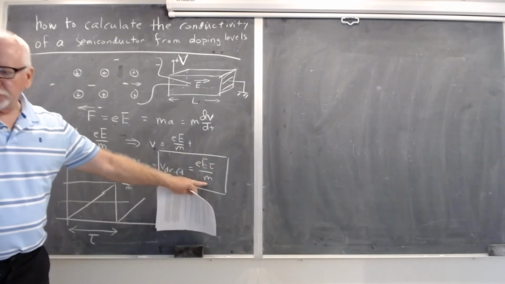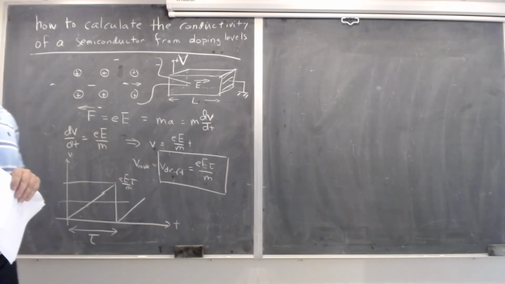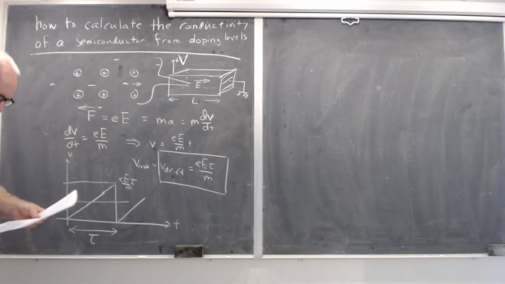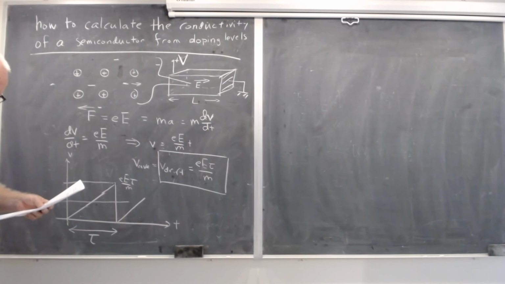Now, the mass of the electron, we're going to go through that, is not the mass of a free electron, but we'll walk through that part. And this drift velocity is a number. You can calculate what it is, as I said, if you know tau and m.